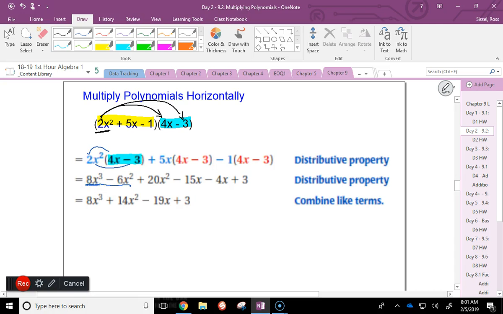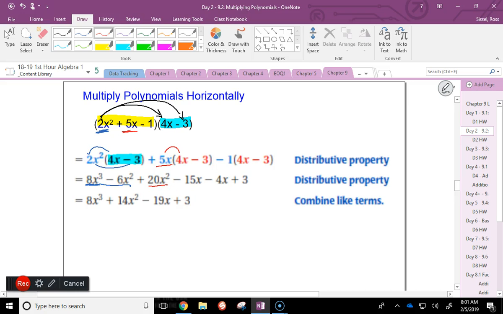They went to their next set. So now I'm going to, I should have done this in blue. So that was my first term times my second group. If I go to this one, now we showed I did my 5x times the 4x minus 3. 5x times 4x is 20x squared.